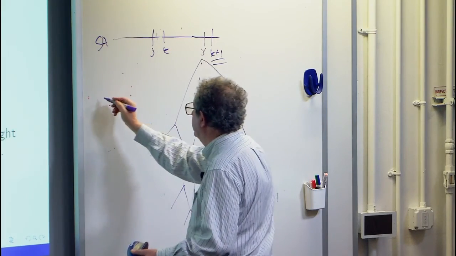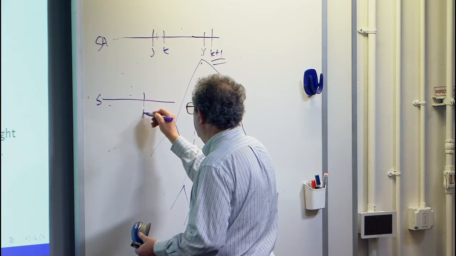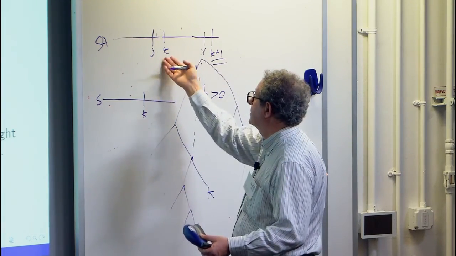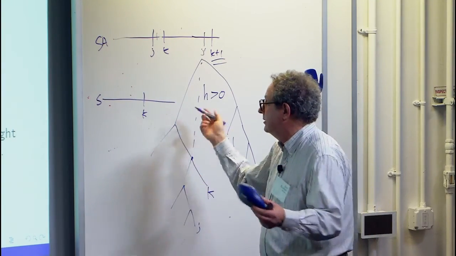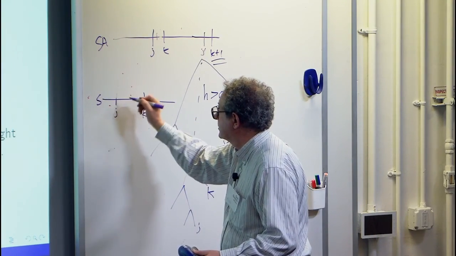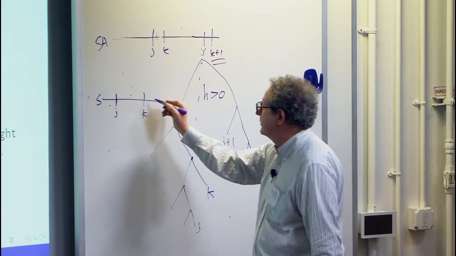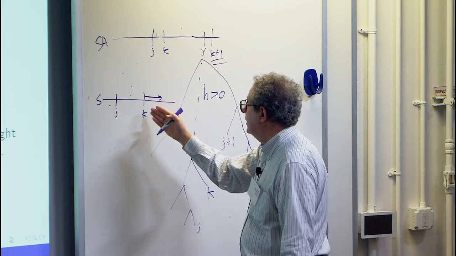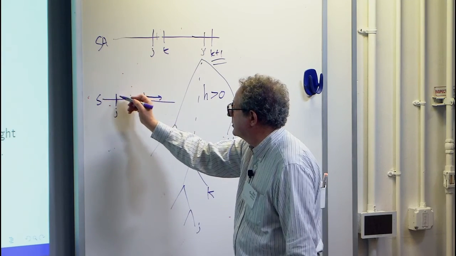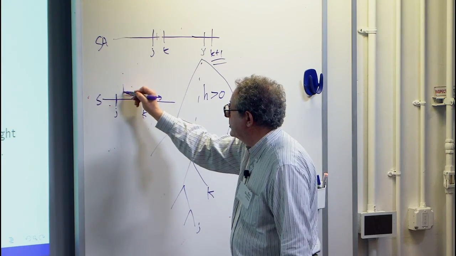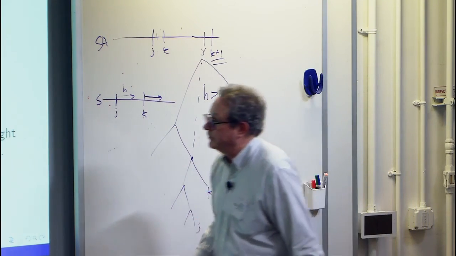Now I want to show you the string. This is s. Here is k. And again, we don't know where j is. It was the predecessor in the suffix array, but in terms of s, it could be anywhere. Let's say it's just pictorially there. Okay? We know that the length of the longest common substring that starts at k and the substring that starts at j, that's h. That's length h. That's what we learned here.